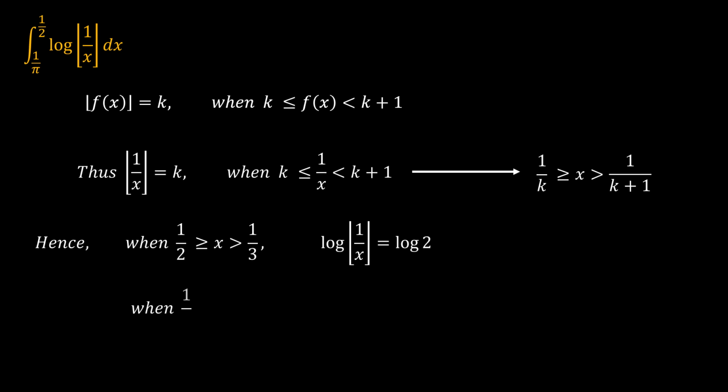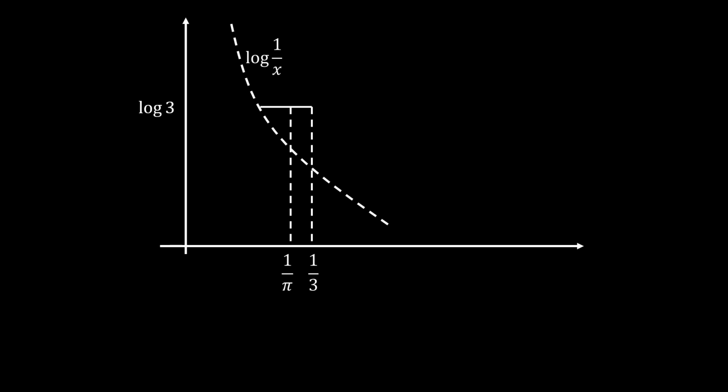And in between 1/3 and 1 over pi, the natural logarithm of the floor function of 1 over x is natural logarithm of 3. So what that means is that if we have a plot with x on the horizontal and y on the vertical, and we have a plot of the natural logarithm of the floor of 1 over x, it means that between 1 over pi and 1 over 3, we have just a constant value, natural log of 3.